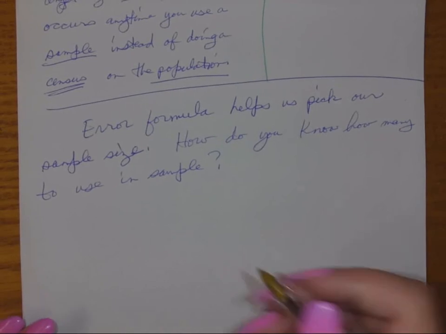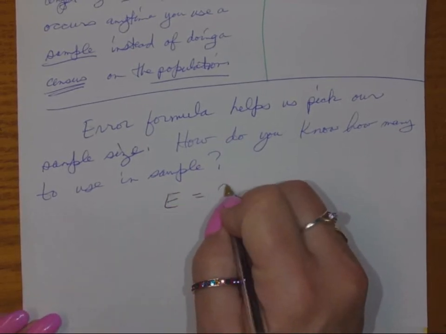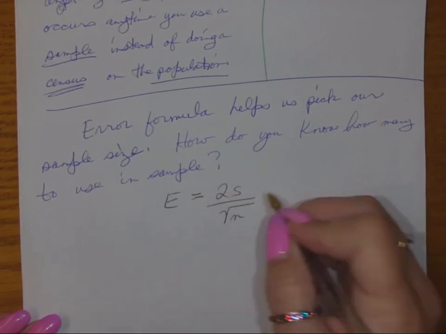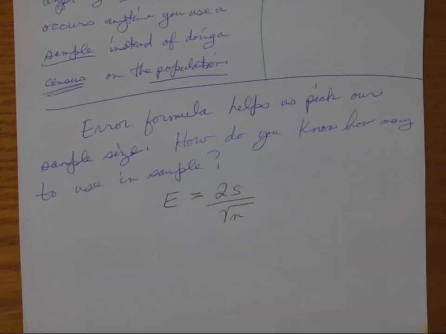So here's what we need to think about. The formula was E equals 2s over the square root of n. If I want to figure out exactly how big my n should be, then I need to solve for n here.